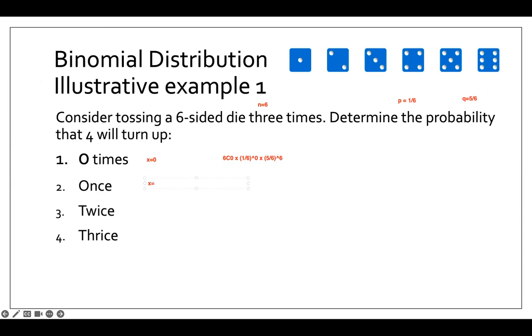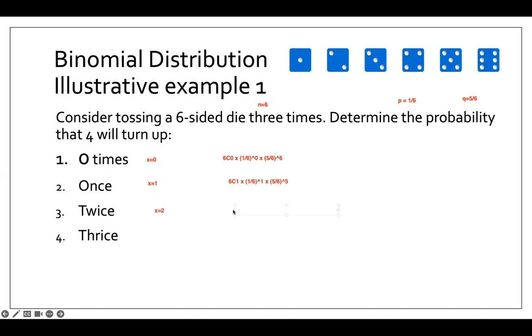So for once, you have X equals 1. So how do you write it? 3 choose 1 times 1 over 6 raised to 1 this time, times 5 over 6 raised to, well, that's 3 minus 1, that's going to be 2. For number 3, twice, your X is equal to 2.